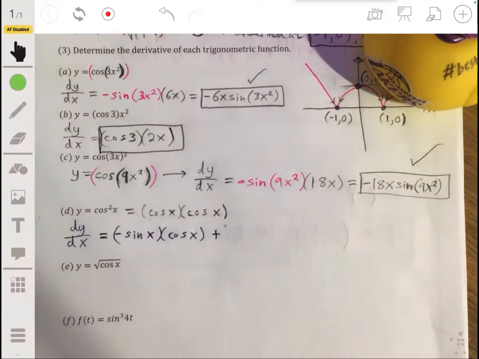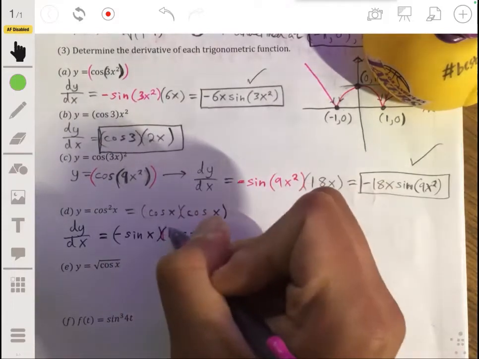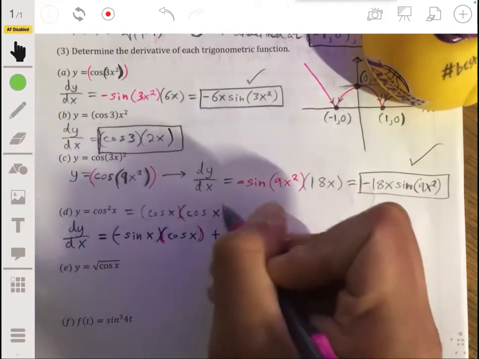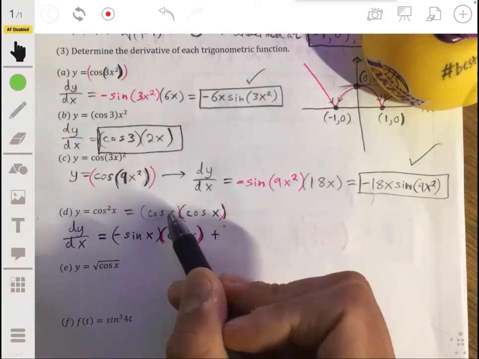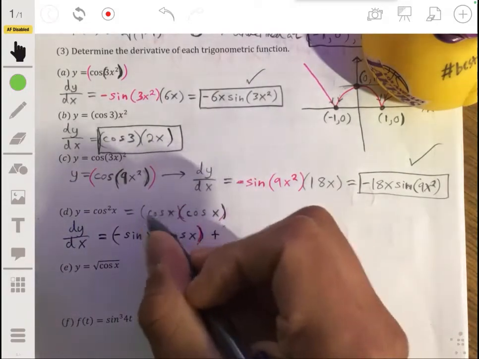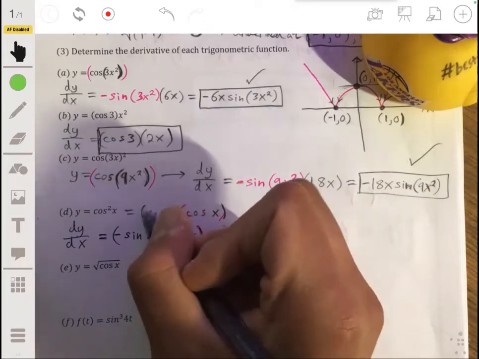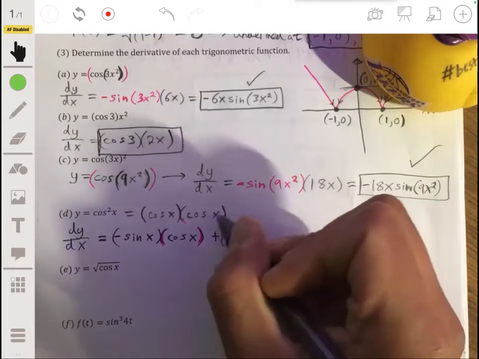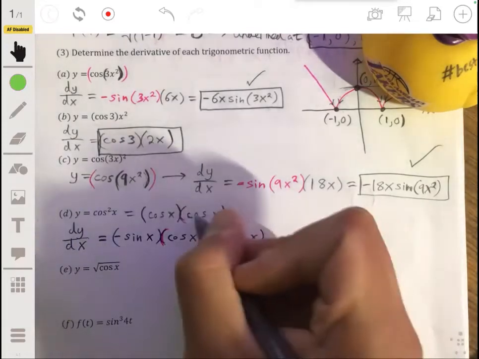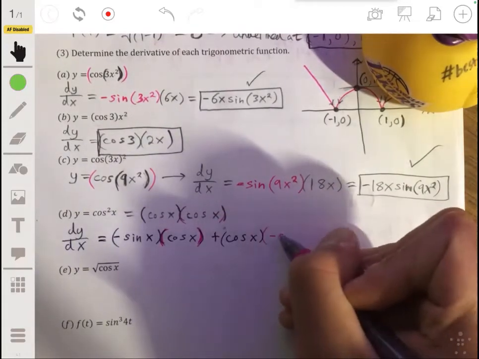And let me actually put that in pink, to make it clear what I'm doing. And then now I'm going to add it to the cosine of x, leaving this as my constant, so plus the cosine of x. And then taking the derivative of the second cosine of x, which is still negative sine of x.